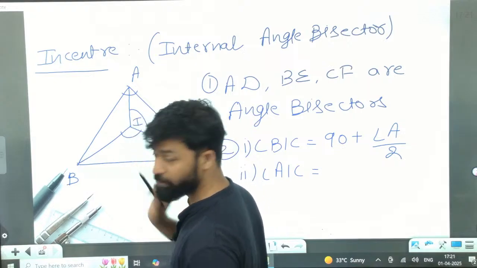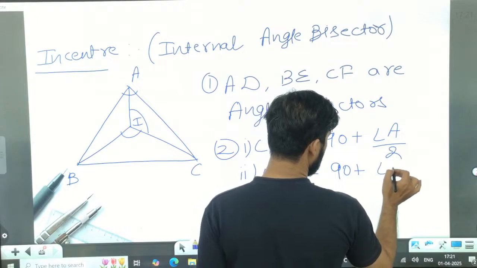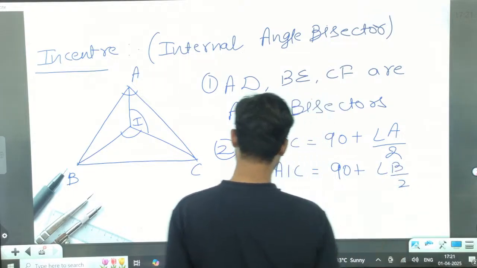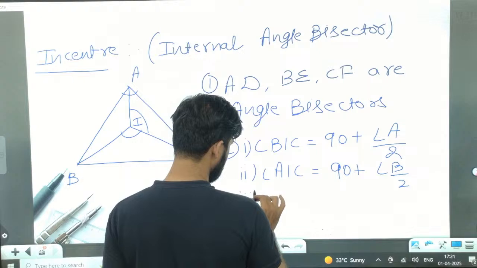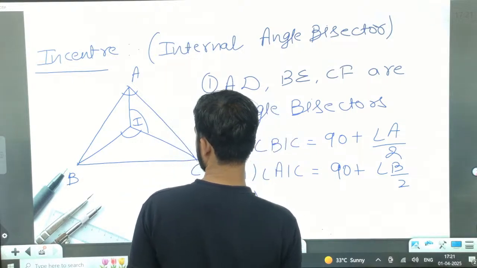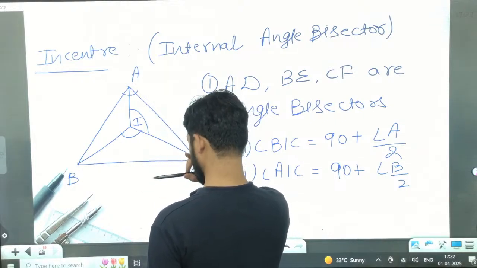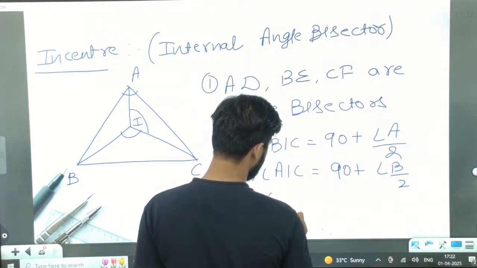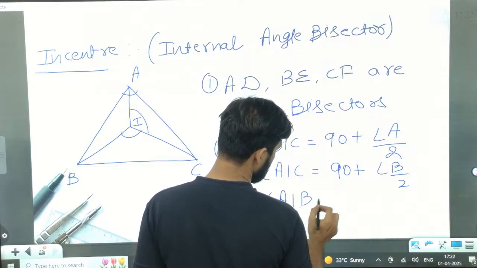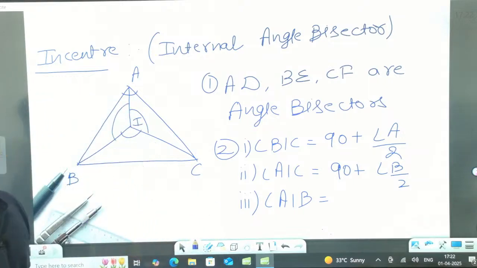So opposite to this is B. So this will be 90 plus half of B. And the third one is left, that is AIB. What it will be? This angle, this one. 90 plus half of C.